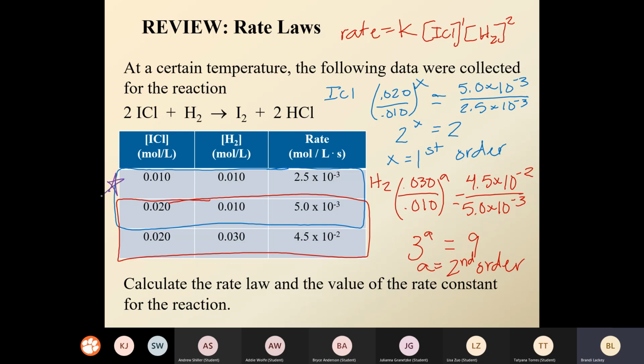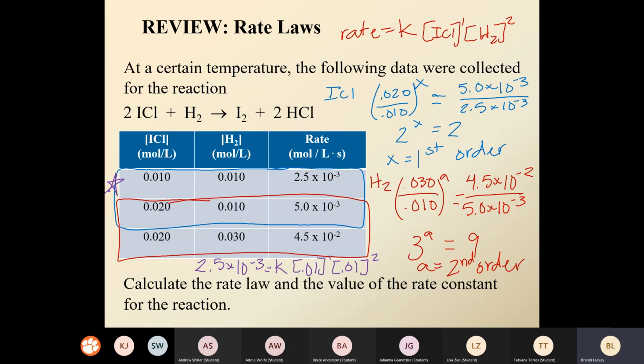You could use any of them. I just generally always do the first. So plug that in. So we have a rate of, I'm going to do this right under the table, 2.5 times 10 to the negative third is equal to k times 0.01 to the first times 0.01 squared.